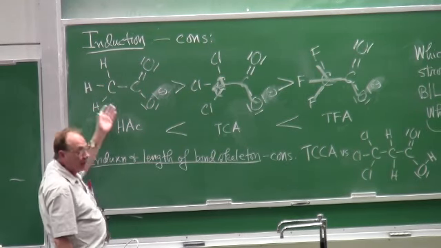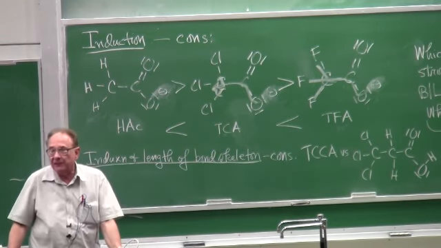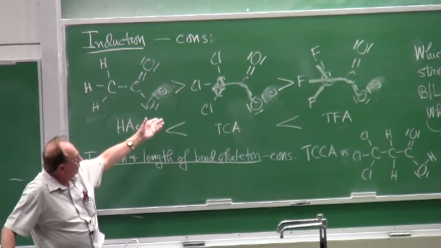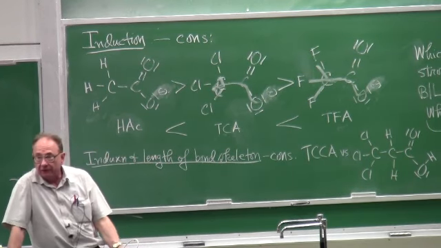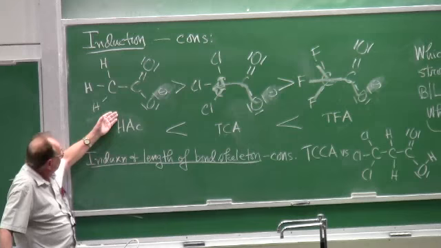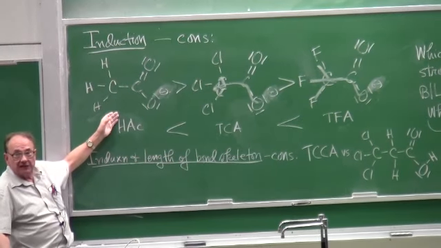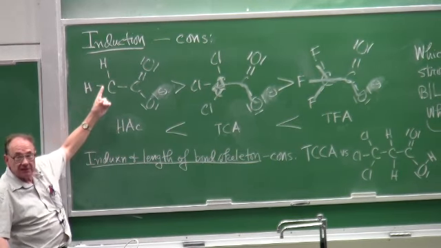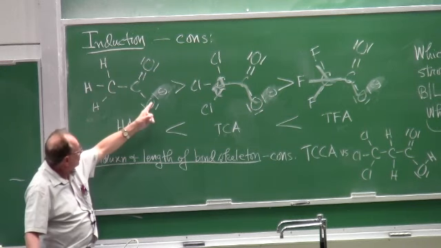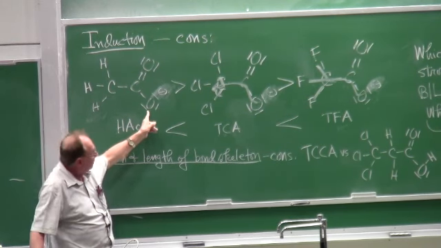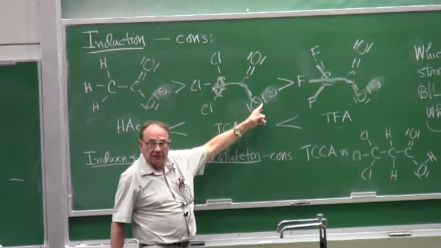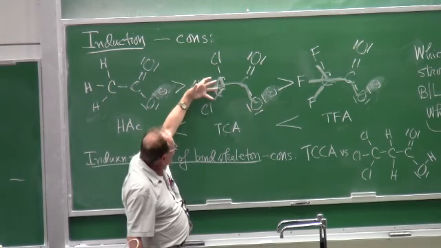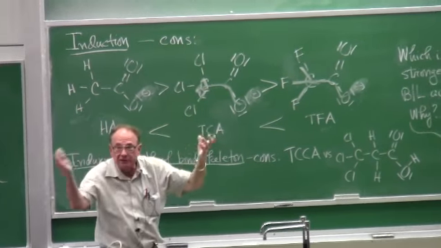No. The electronegativity of hydrogen is, practically speaking, negligible compared to the electronegativity of chlorine and fluorine. So here, at least based on induction, based on electronegativity considerations, this minus charge rather sits here. Not this minus charge. This minus charge is drawn toward the chlorine atoms, which smears the minus charge.